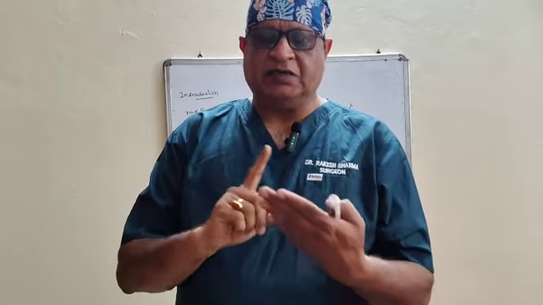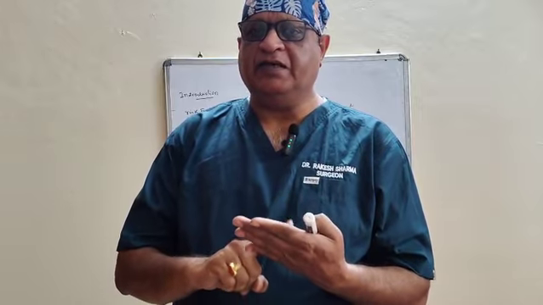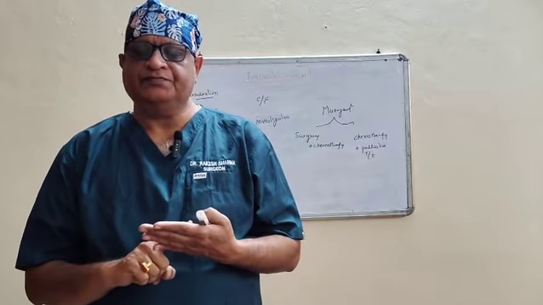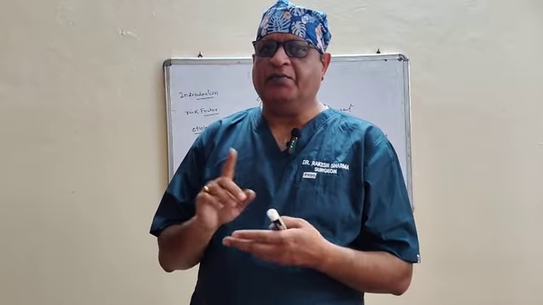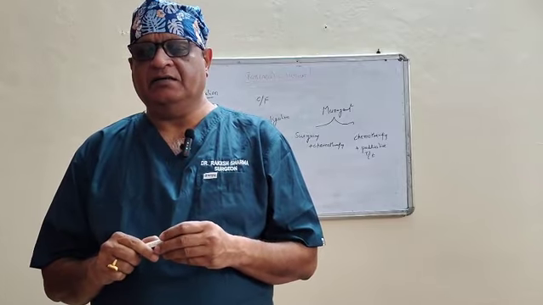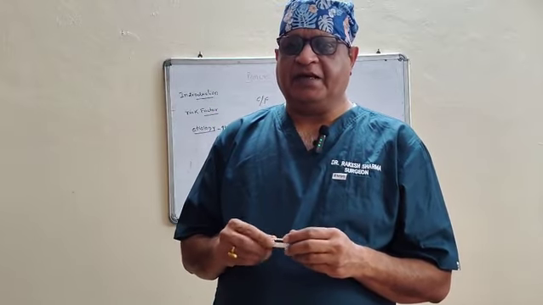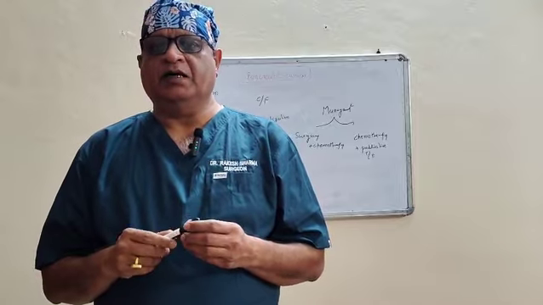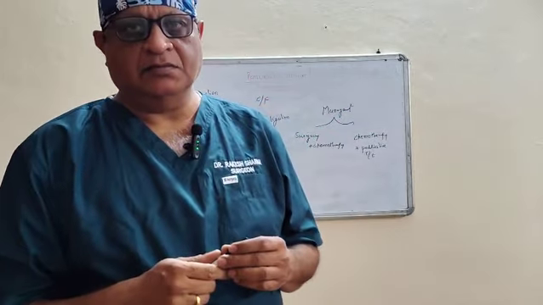An important tumor marker is known as CA 19-9. It is a tumor marker specific for CA pancreas. It is raised up to 200 units per ml. It is diagnostic for CA pancreas.